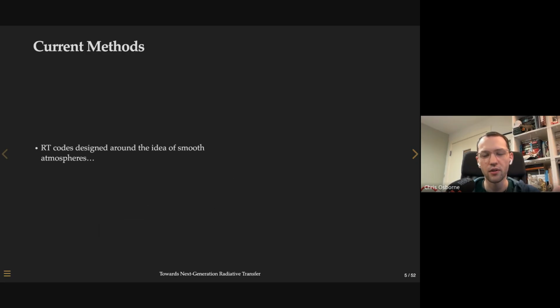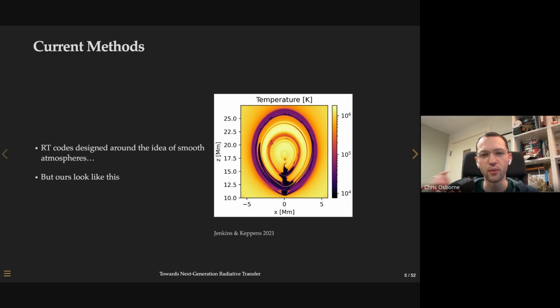The current radiative transfer methods we use were developed essentially through the 1950s through to the 1980s, predominantly. They were built around the idea of smooth atmospheres primarily. But the atmospheres we end up solving for in our modern MHD simulations look more like this. This is a snapshot of a levitation condensation prominence model.